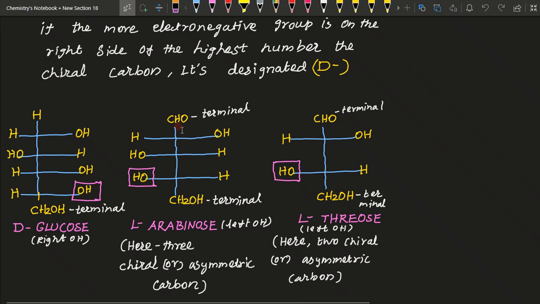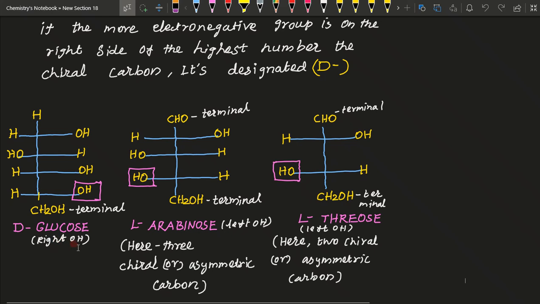Here two terminal carbons are found, so this OH goes to the left side, and this third structure is L-threose, because this is a terminal carbon, and this is also a terminal carbon.